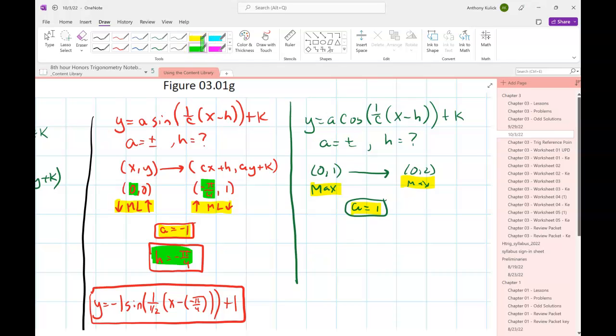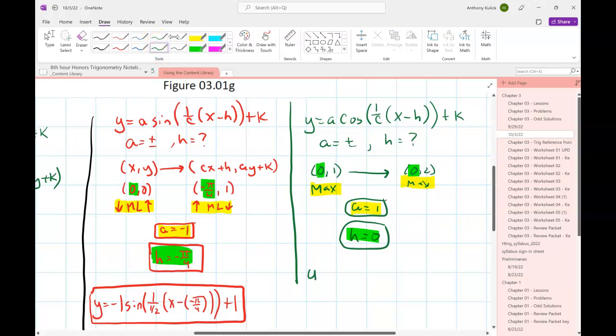And then since the x-coordinate on my parent function is 0, the x-coordinate from my resultant function is my value for h. So h is 0. And that's all I need.